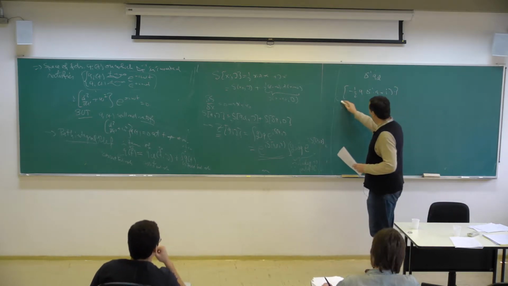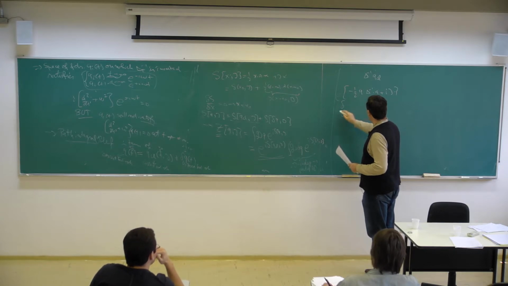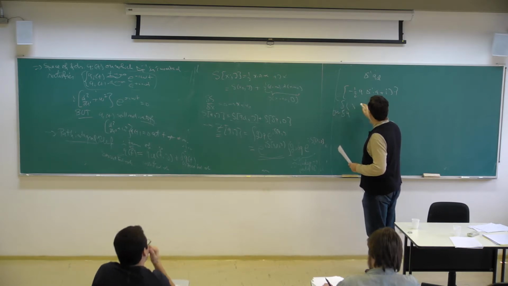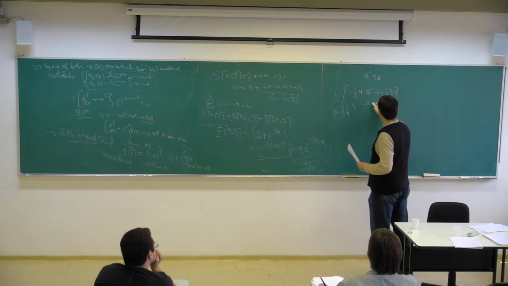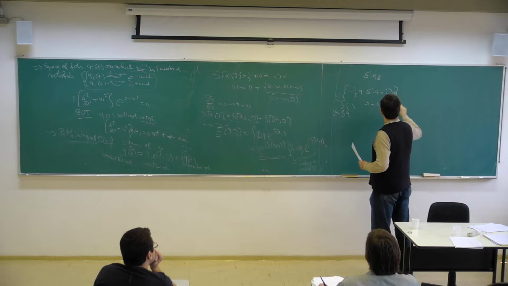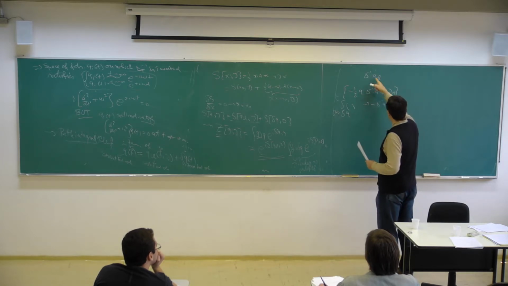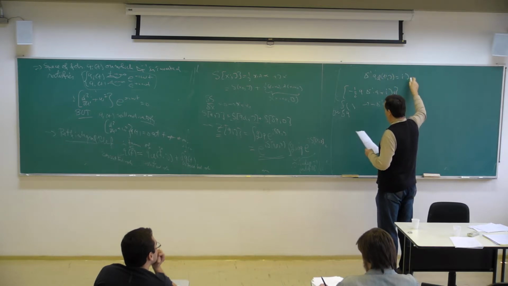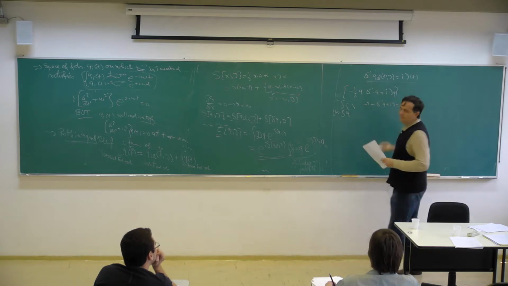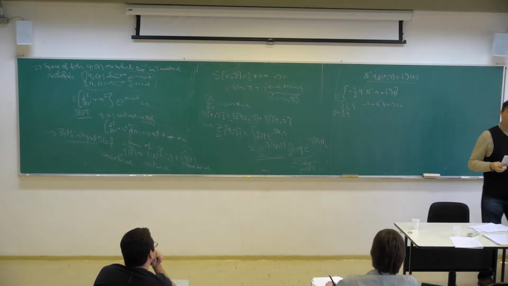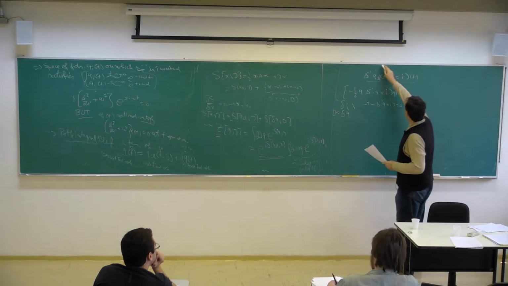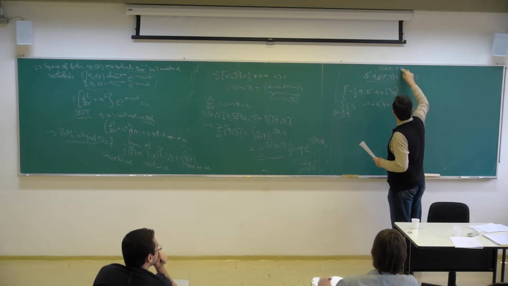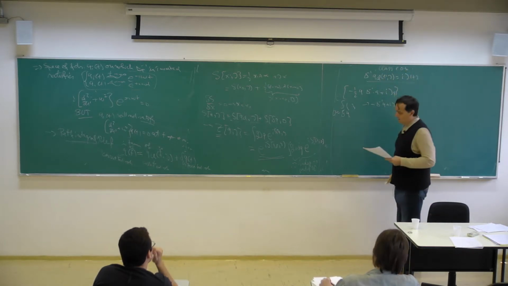So by varying this with respect to q, I get minus delta minus 1 q plus iJ equal to 0. Because delta minus 1 q classical of q and J is equal to iJ. That's my classical equation of motion.